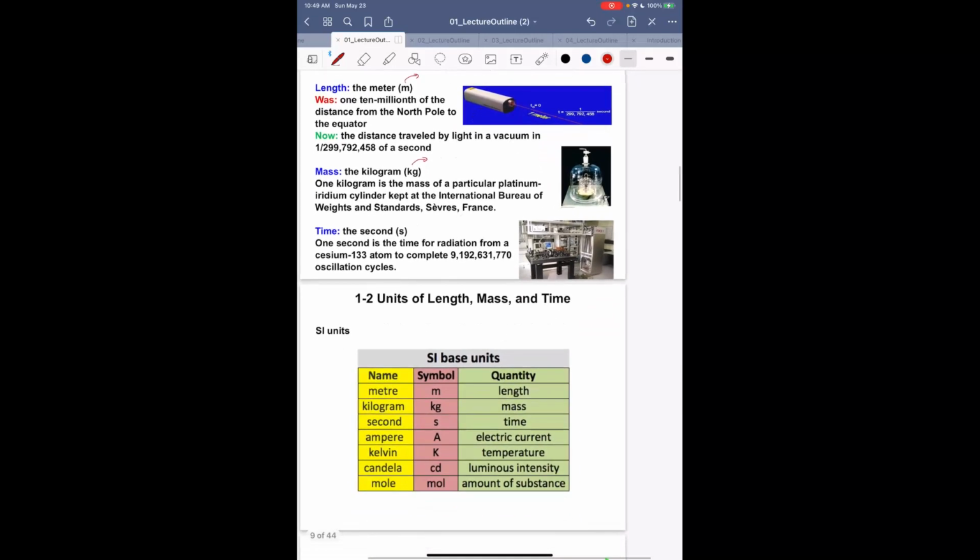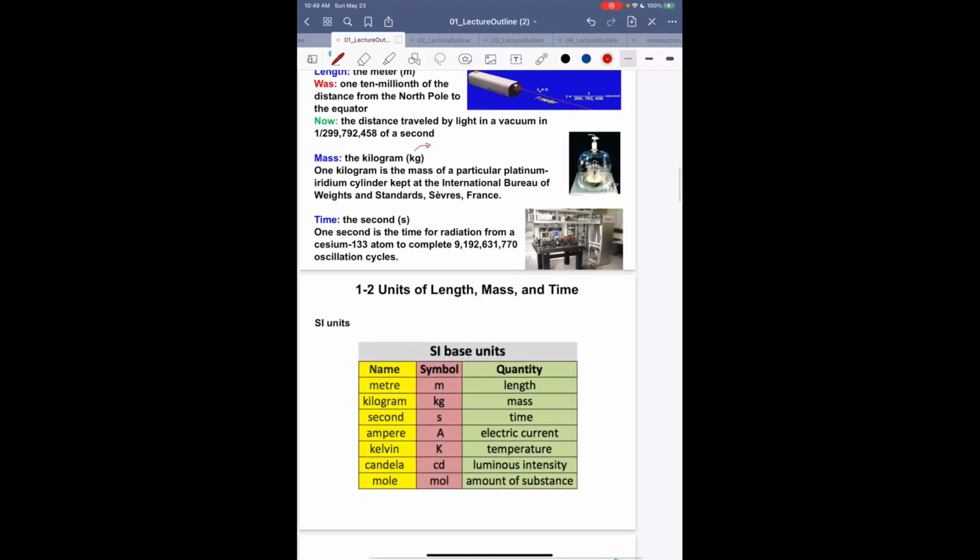now also, although we are going to mainly use these three, there are more basic units, and these are like the ABC of physics, or the ABC of the units. After that, any unit we use is going to be derived from these units.